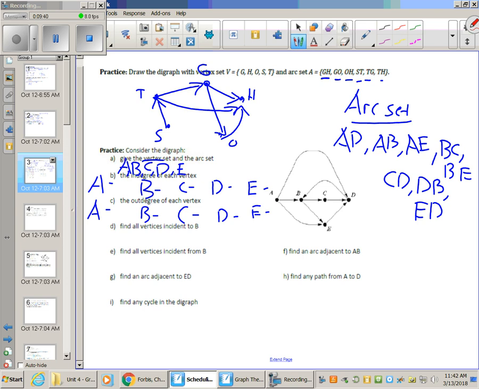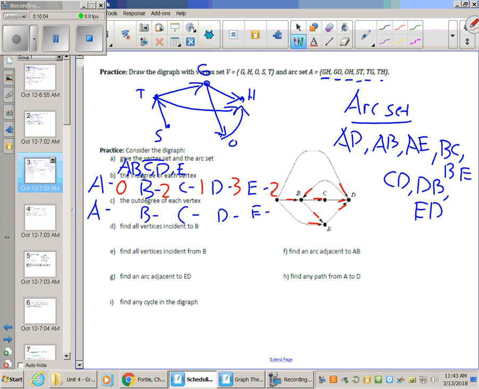So with A, there is nothing coming into it. There's no arrows pointing at it, so that's 0. For B, there's 1, 2 arrows pointing at it, so 2. For C, there's only 1 arrow pointing at it, so 1. D has 1, 2, 3 arrows pointing at it. And E has 1 and 2.